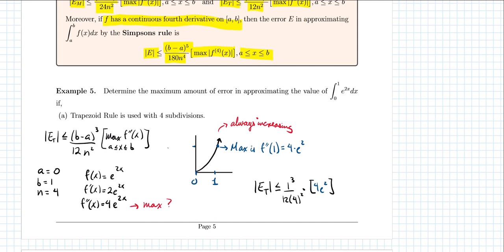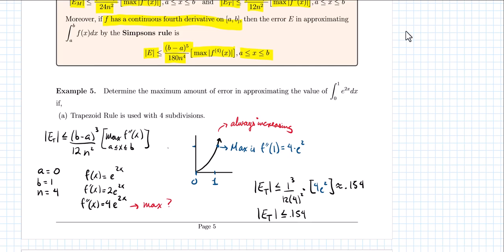And from this, I got approximately 0.154. All right, so then we know that the maximum error for using a trapezoidal rule with 4 subdivisions is going to be less than or equal to 0.154. Okay, so what does this mean?